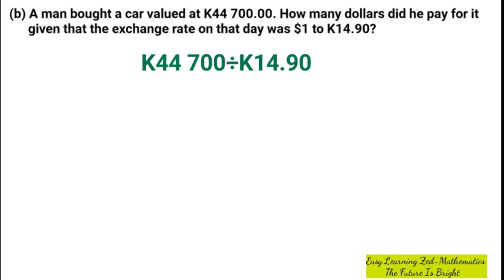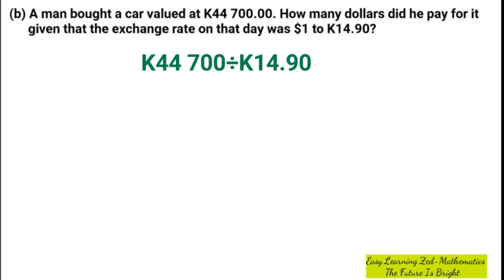So basically, you just divide the value of the car by the exchange rate. I'm not going to go into detail on how you play with the numbers, but if you want to know how to divide a whole number by a decimal number, you can check our playlist called Decimal Numbers. You are going to find a video where we extensively explained how you can divide a whole number by a decimal number.